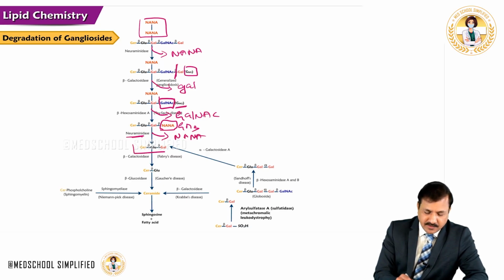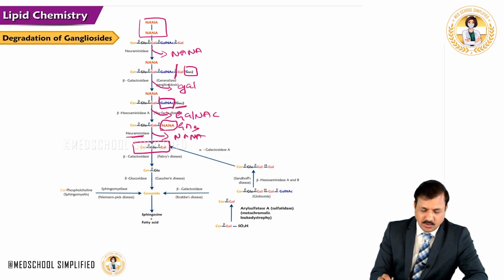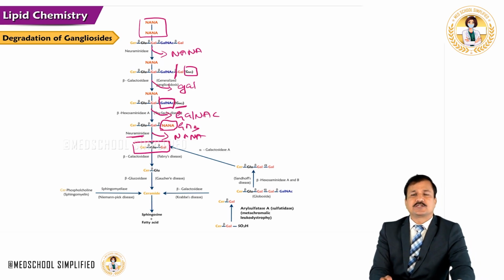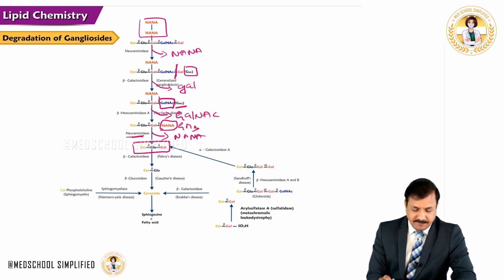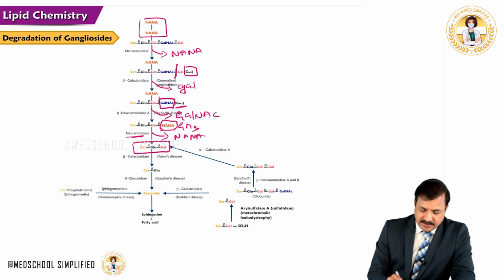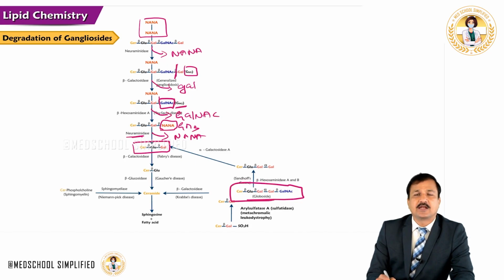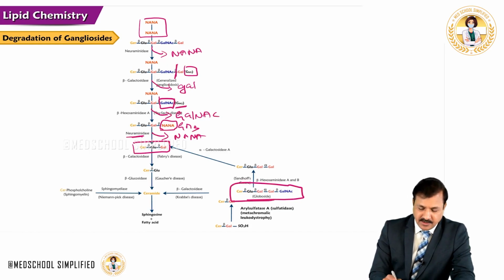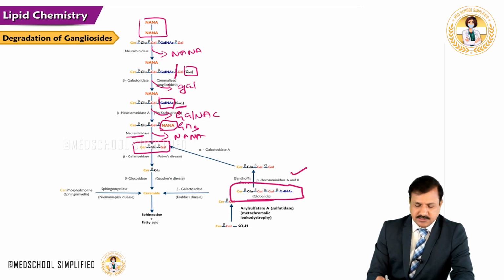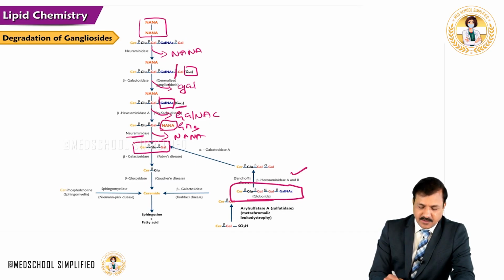Then we have ceramide with glucose and galactose, which is a lactosyl ceramide. Also note that from the other side, from down here, globoside, which has ceramide, glucose, galactose attached with N-acetyl galactosamine, is handled by beta-hexosaminidase A and beta-hexosaminidase B enzymes.